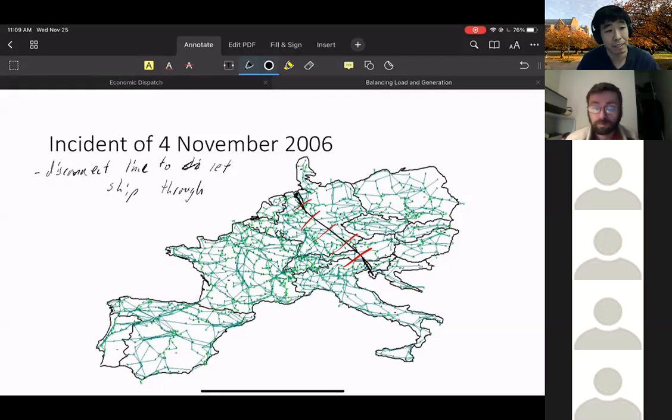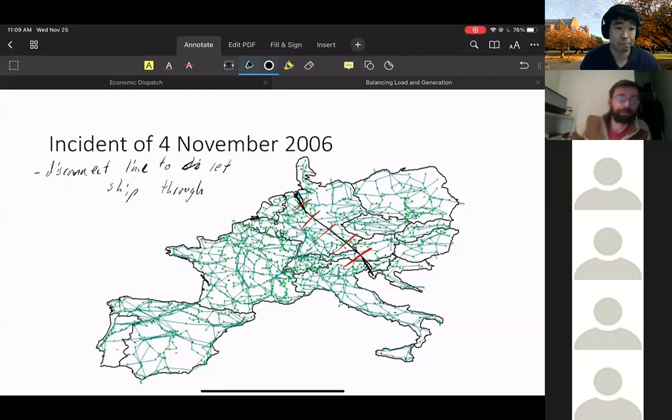You cannot disconnect the line because there's a power imbalance. If you're running this power flow analysis all the time, you should have seen this. But that day the grid operator, for some reason, did not take this into account. The ship says, okay, disconnect the line, let me through.